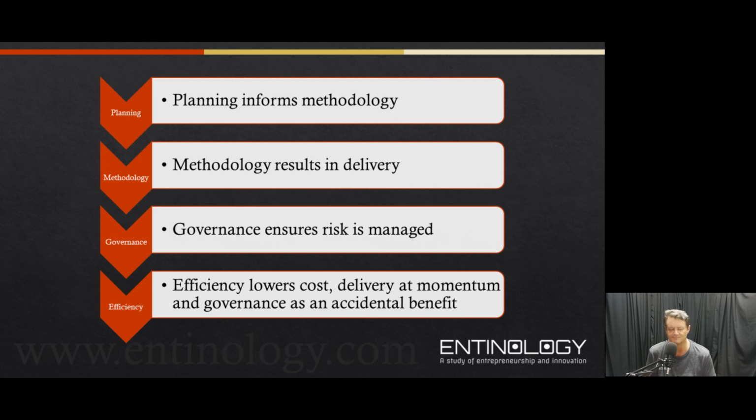XP makes sure that the people doing the actual work are in control of their work. So everybody else is serving them. It's also very fast, efficient, with good code quality. There are so many benefits. It's similar to TDD. Yes, you can go and use Scrum normally, and you can go and use Lean. The point is your planning informs the methodology.